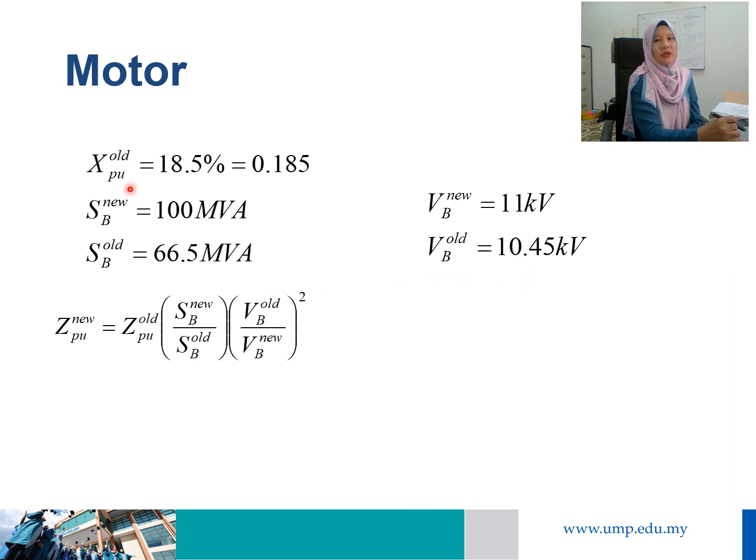And we put all these values into this equation, and thus we get the new impedance for the motor load in per unit, which is equal to j0.25 PU.